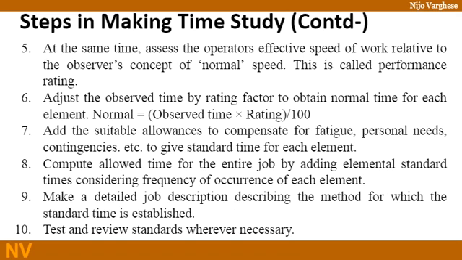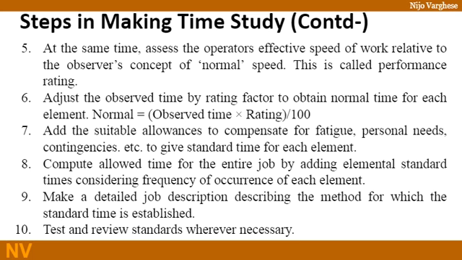The fifth step is to assess the operator's effective speed of work relative to the observer's concept of normal speed. This is called performance rating. So in the fifth step, after measuring the time taken to complete a particular element of work, the performance rating has to be done by the observer.